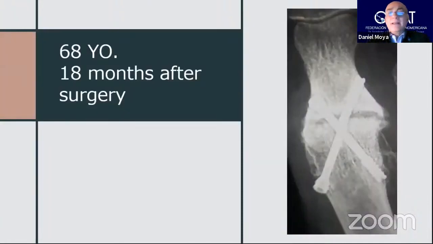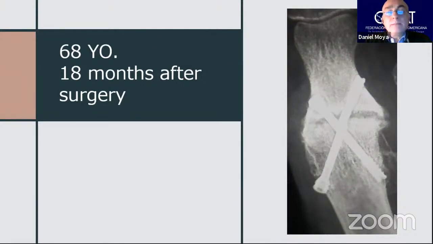This is one very nice case that shows the power of mechanotransduction. A 68 years old lady that was treated, in fact was a case that was referred to me by Dr. Herminio Olivieri, who is in this panel, his foot surgeon.